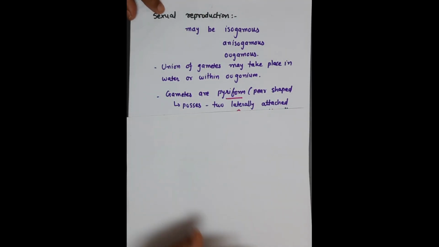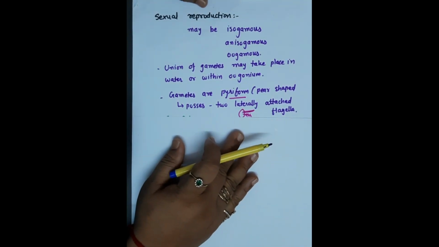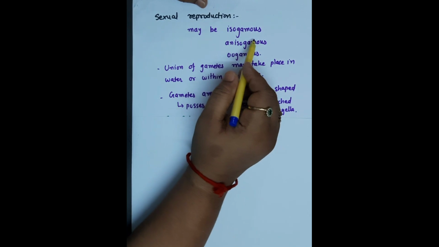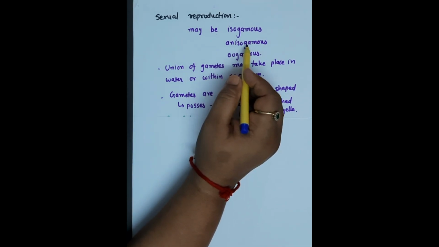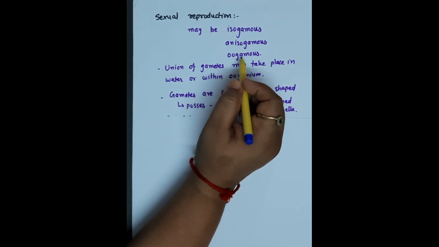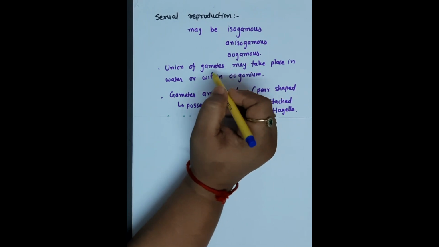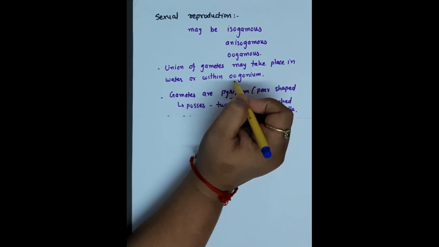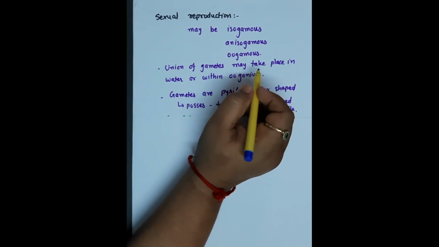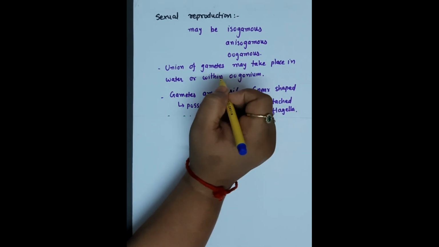Now let's talk about sexual reproduction. Sexual reproduction may be isogamous, where the gametes are of similar size, or anisogamous, where the gametes are of dissimilar size, and oogamous, where one is motile, the male, and the other is non-motile, the female. Union of these gametes may take place in water or within the oogonium.